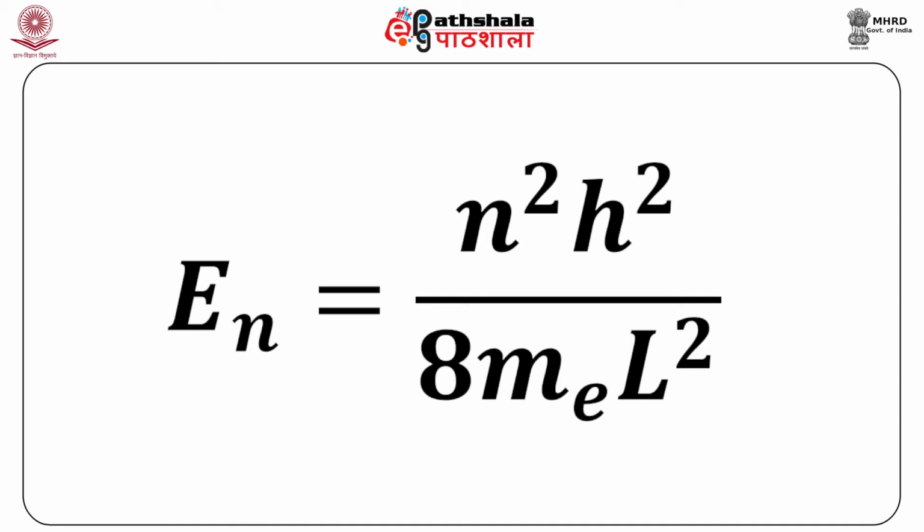I have written m e here to denote that the mass is that of an electron, and n is a quantum number which can assume only integer values: 1, 2, 3 up to infinity.